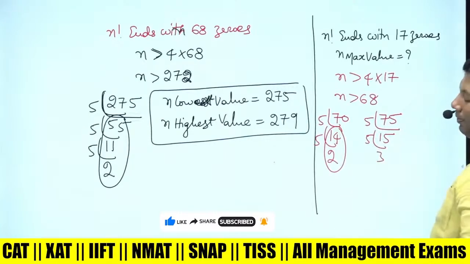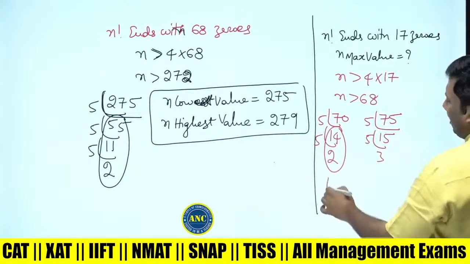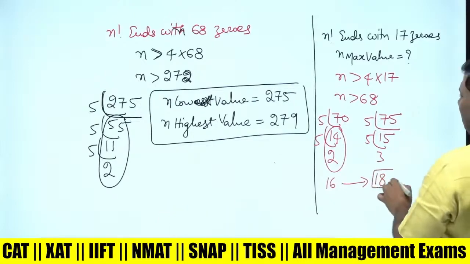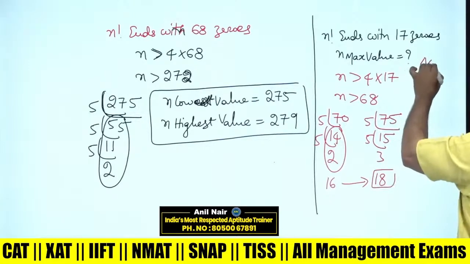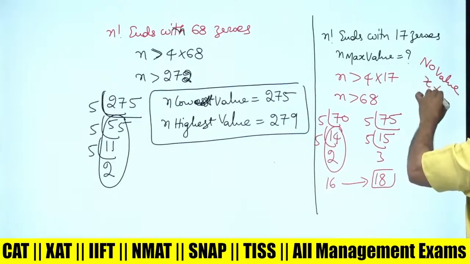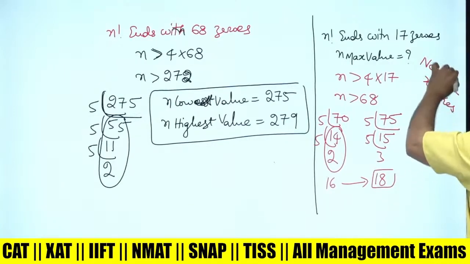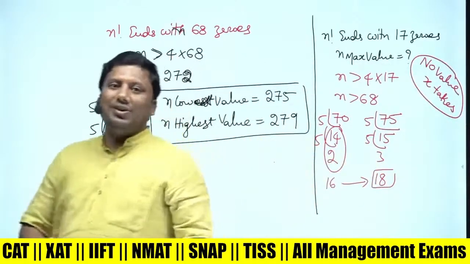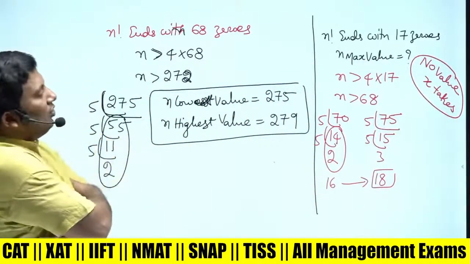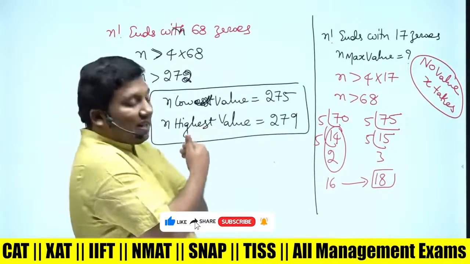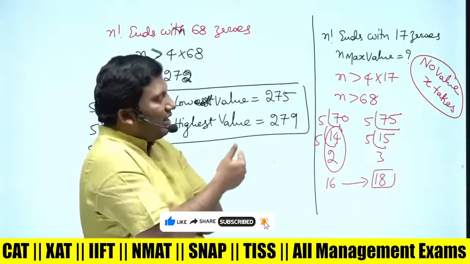75 is a multiple of 25. So there will be a jump from 16 to 18. How many values will n take such that n factorial ends with 17 zeros? What will be the answer? No value will satisfy this. N is greater than 4x, n is greater than 68.